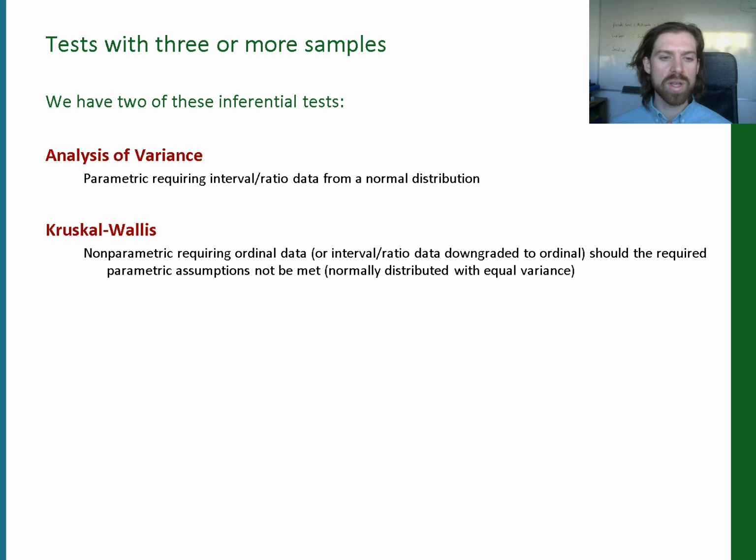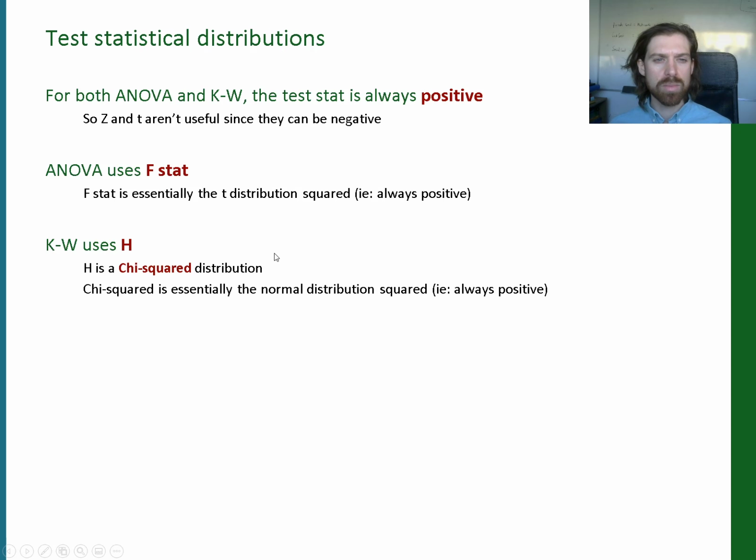So the Kruskal-Wallis enables us to carry out a similar procedure, but for ordinal data. So maybe we downgrade our interval ratio data into ordinal, so ordered categories, because ultimately we're not able to meet those other assumptions. So these are the 2 different approaches that we have depending on whether the data are parametric or non-parametric, and this is what we're going to cover today.